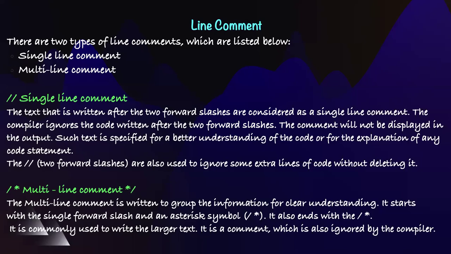Single line comment: the text that is written after the two forward slashes. Remember, the single line comment is given by the forward slashes. The compiler ignores the code written after the two forward slashes. That means, for example, you have written a two-line code.